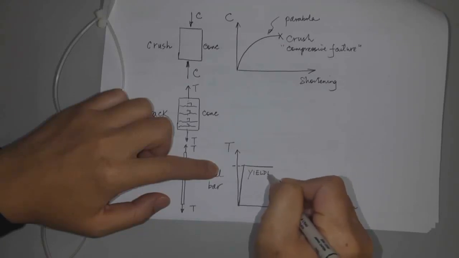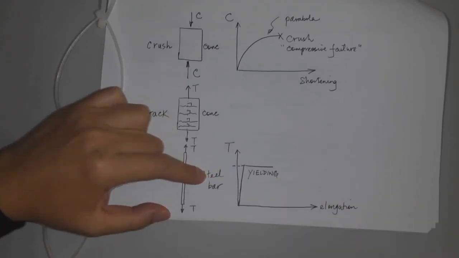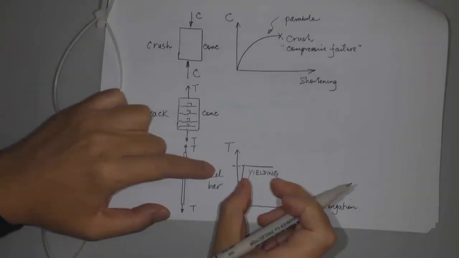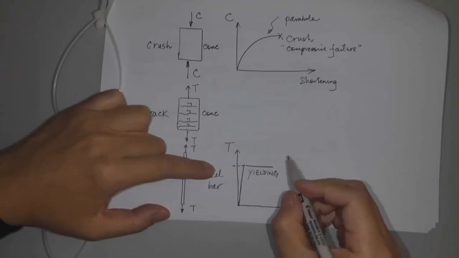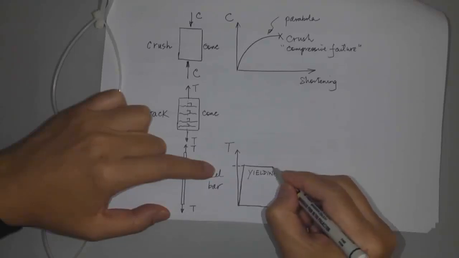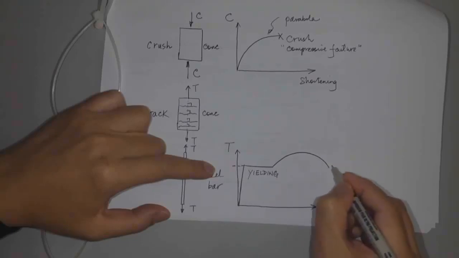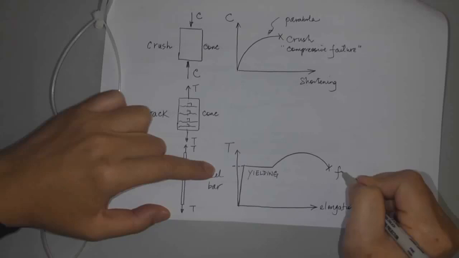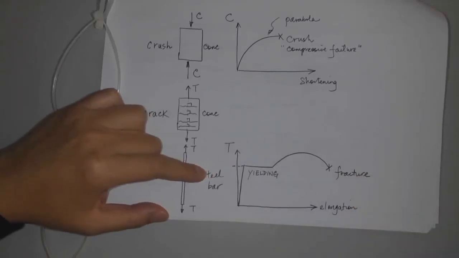You should have seen this in your material part. And it yields for a certain distance, a pretty long distance, and then it climbs up again until the very last minute it fractures. That means it breaks into two parts.